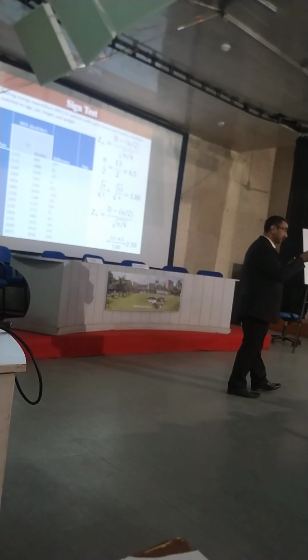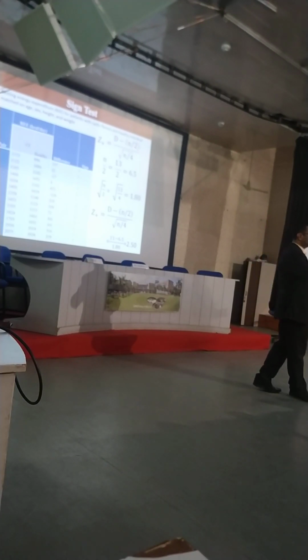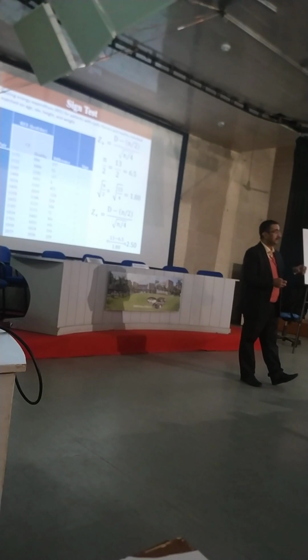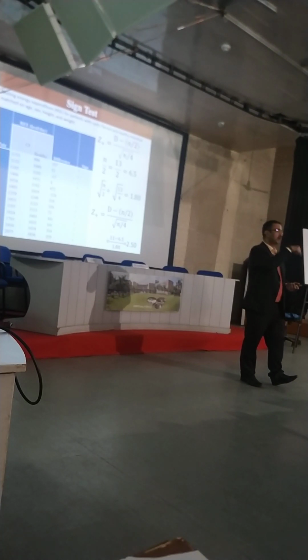Now why standard deviation and why standard error? Because in confidence limit, what you are trying to say is that something is normally distributed. That means the population from which the sample has been taken is following a normal distribution. But whether the sample that you have taken from that normal distribution is following a normal distribution or not, it may or it may not.